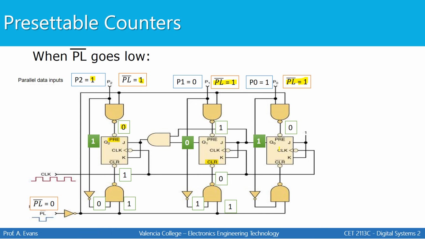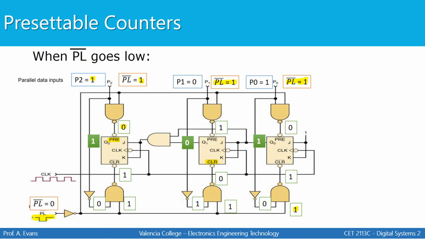At the same time, your P0 input is being inverted and fed down to another NAND gate where it combines with your PL signal and giving you a 1 at the output of this NAND gate, giving you a 1 here. So you're presetting the flip-flop, you're not clearing it, thereby you have set the flip-flop to have the output 1, 0, 1.